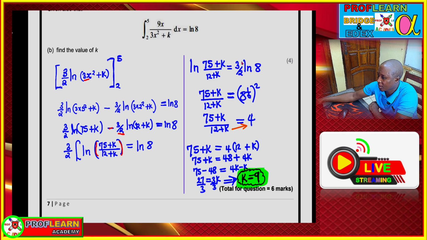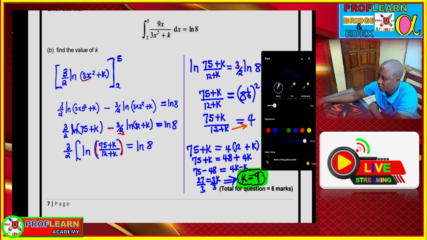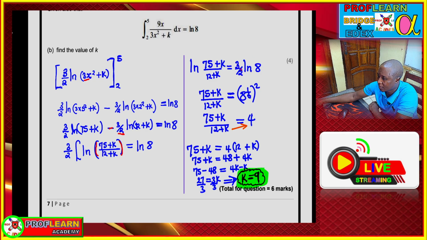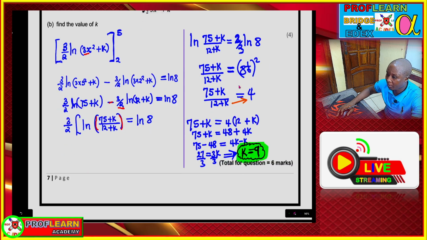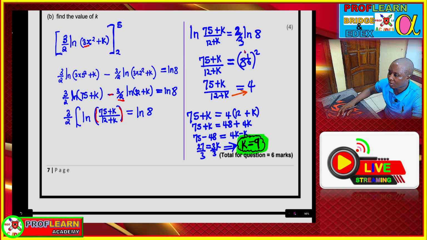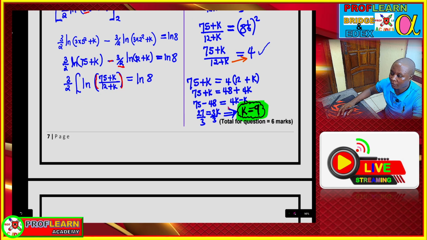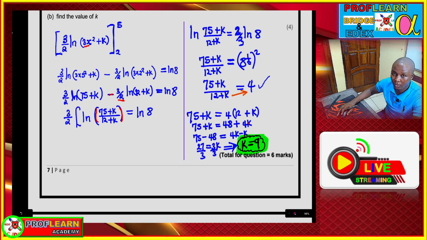I think this is misbehaving. This should be 2/3, yeah. So it should be 2/3, because if you divide by 3/2 both sides, it's going to flip. And once you do that, that's the same as 8 raised to power a third squared, and this becomes the answer. And if you solve for k, you're going to get k is equal to 9.